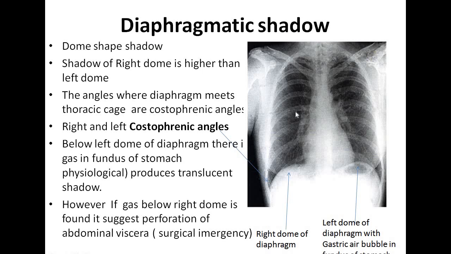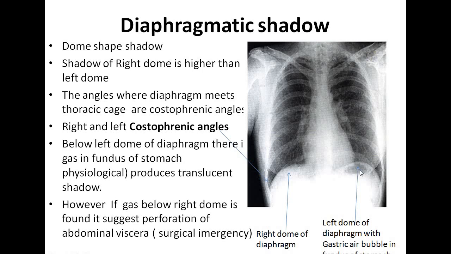Then the diaphragmatic shadow: you can see these are dome shaped shadows. The dome of the right diaphragm is higher than the left dome. This is because there is the liver on the right side. The angle where the diaphragm meets the thoracic cage is known as the costophrenic angle or costodiaphragmatic angle. This we have already discussed. Now below the left dome of the diaphragm, you can see the air is there.